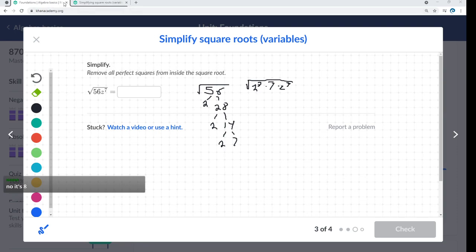It's 8. 2 to the third is 2 times 2 times 2 is 8.